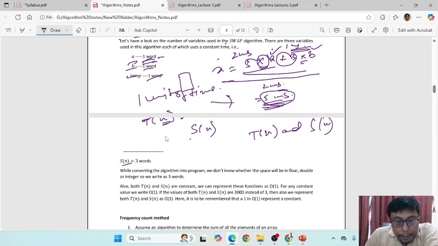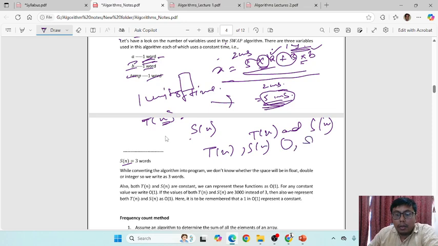Now they can be represented. I have told you that Tn and Sn can be represented in terms of lower bound, upper bound, or average bound, or tight bound, with the help of some notations. That is, big O, big omega, or big theta. These are asymptotic notations, which we will discuss in detail.